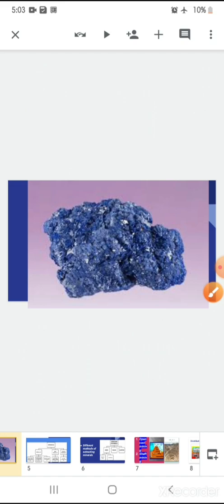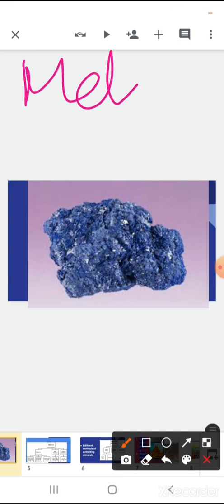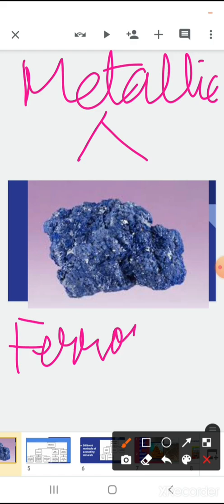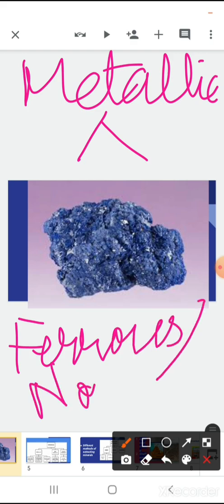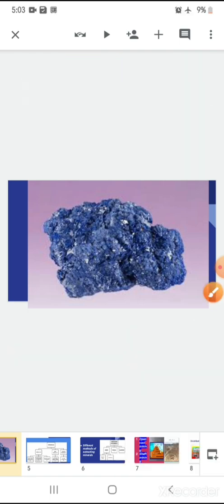And in metallic minerals, we further have ferrous and non-ferrous. I repeat, ferrous and non-ferrous.